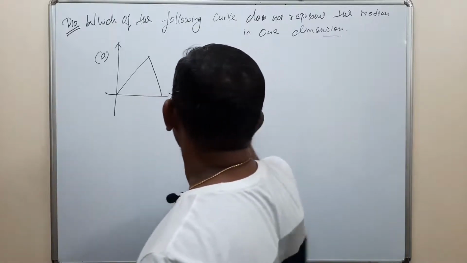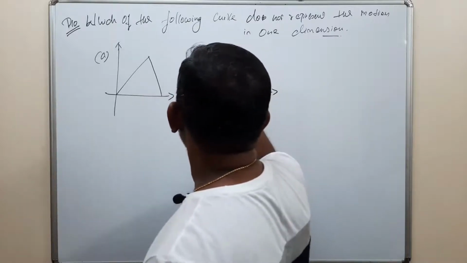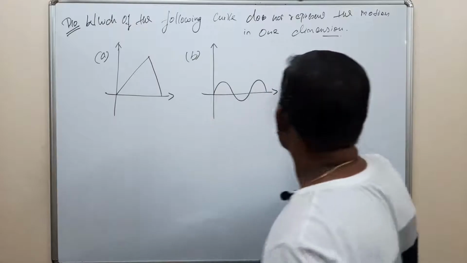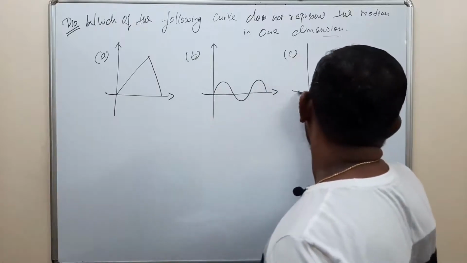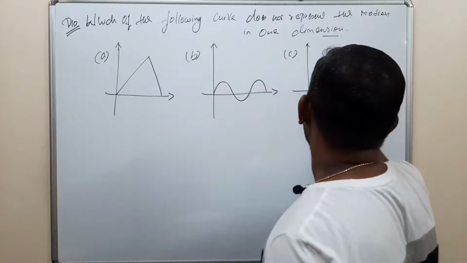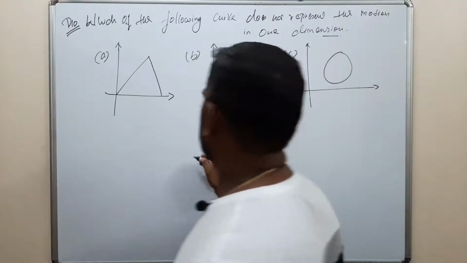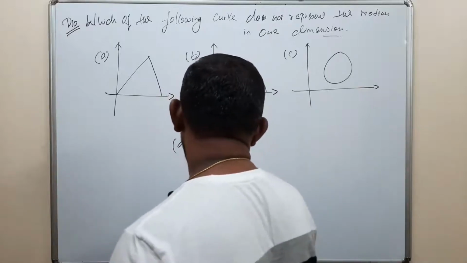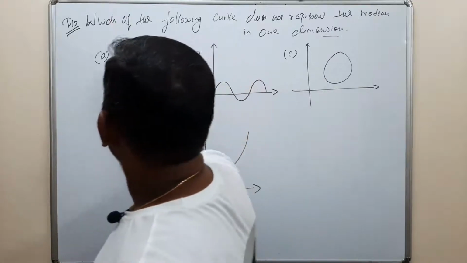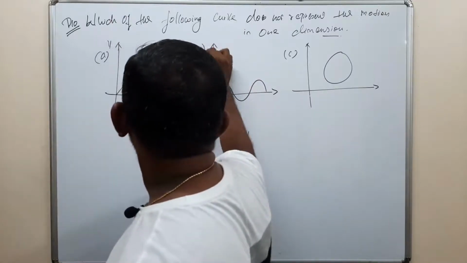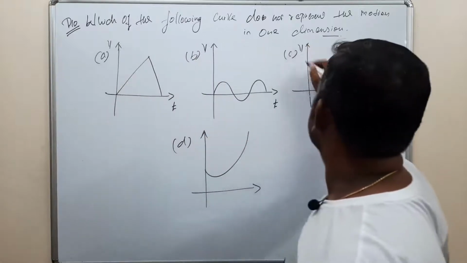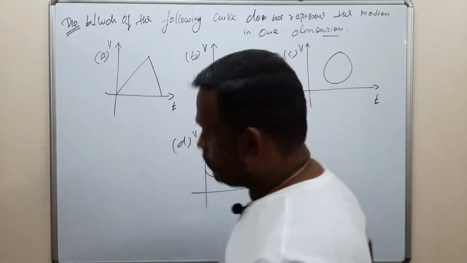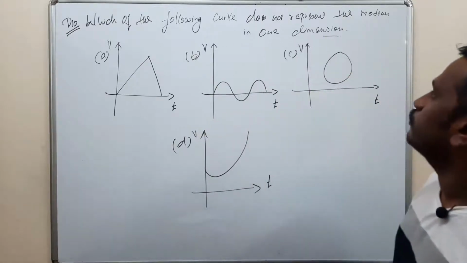Option B, so velocity time graph. So which of the following curves does not represent the motion in one dimension?